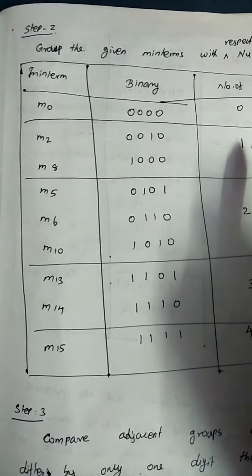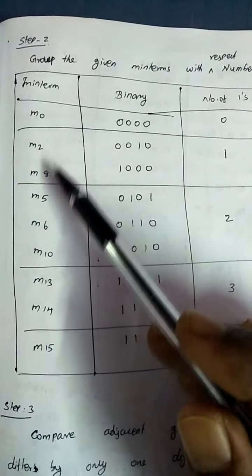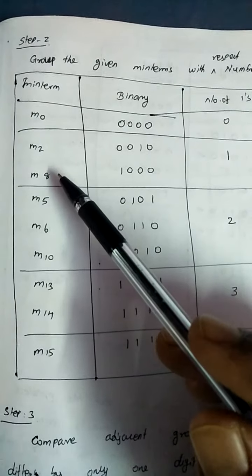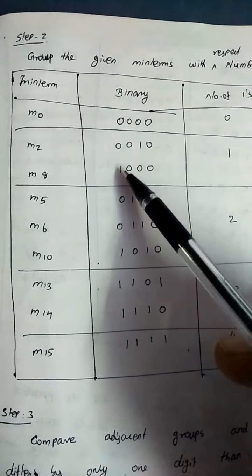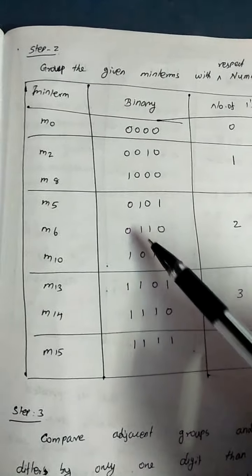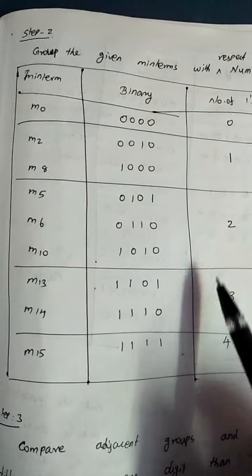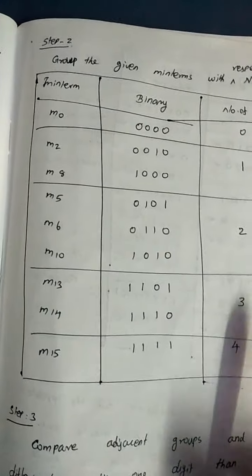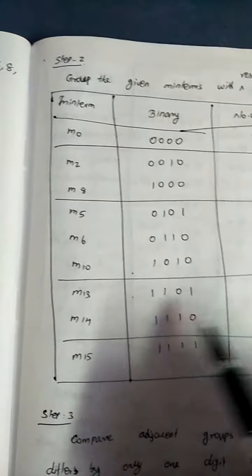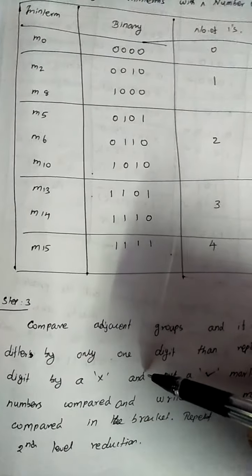Then the number of ones is 1, so we take these; there are 2 min-terms with one 1, so we write them as a group. Similarly, we have to find all the min-terms for 2 ones, 3 ones and 4 ones. Once we have completed this table, we will move to step 3.